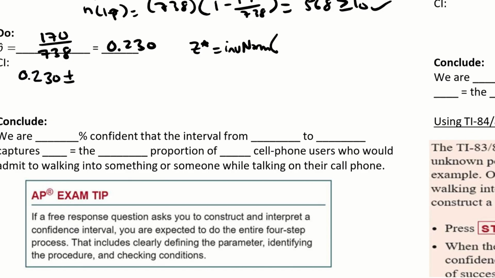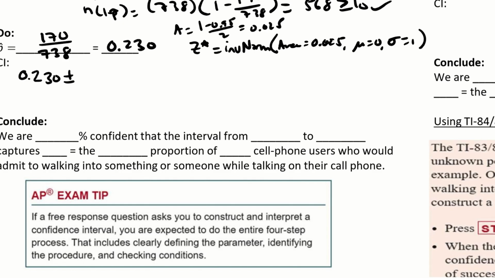Remember, we're using an area of 0.025 because it's a 5%, right? So area equals 1 minus 0.95 divided by 2, which is 0.025. Our mean is 0. Our standard deviation is 1. So we get negative 1.96. All right, so we're going to use that z-score over here. 1.96 times the square root. The standard error is going to be p hat times 1 minus p hat all over the sample size of 738.